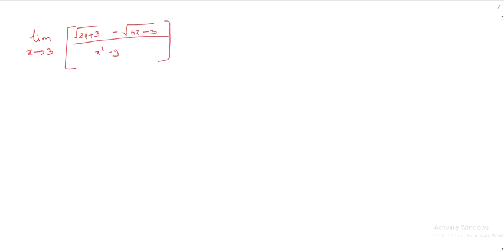Now here, to solve this example, again you can see in the numerator we have irrational terms. Okay. If we substitute the limit directly, now look at the denominator. If x is equal to 3, then 3 square is 9, 9 minus 9 is equal to 0. Therefore the denominator becomes 0. Therefore obviously there should be one factor x minus 3 in the denominator.